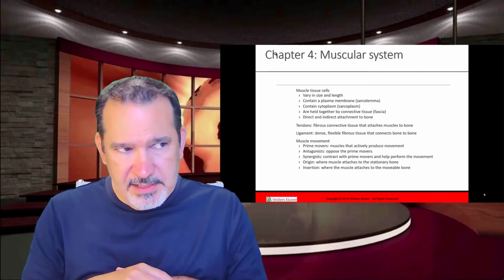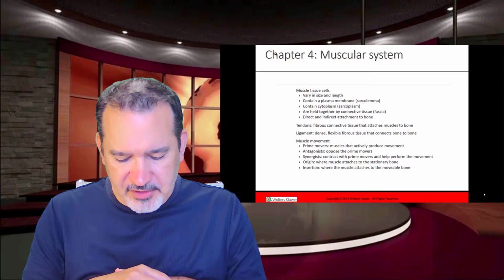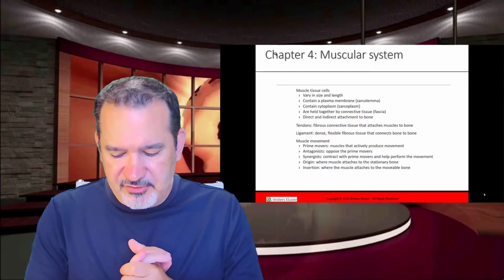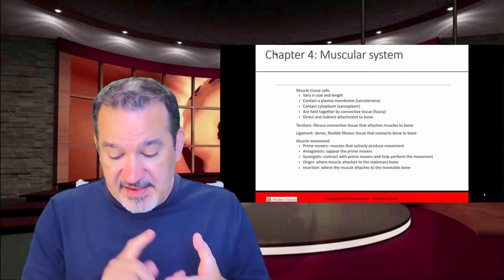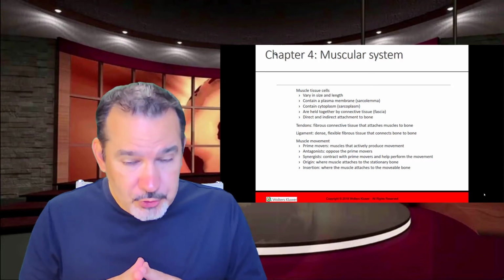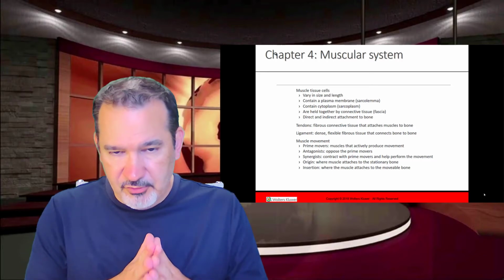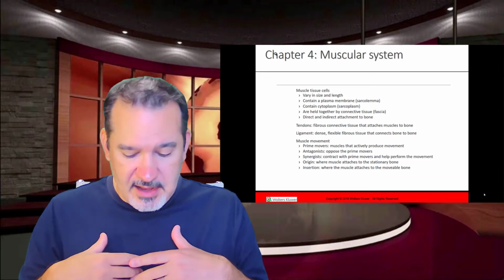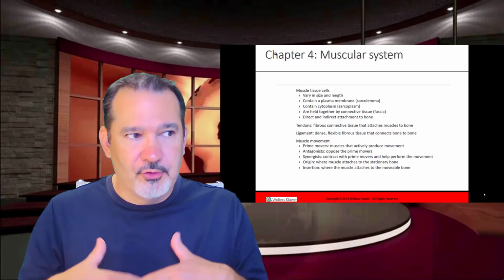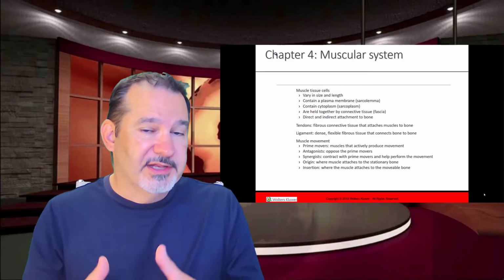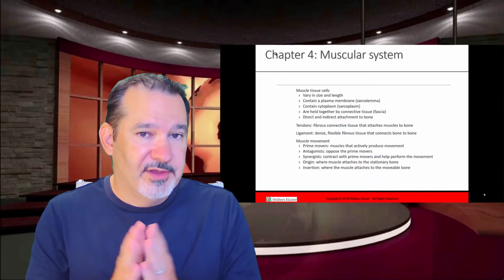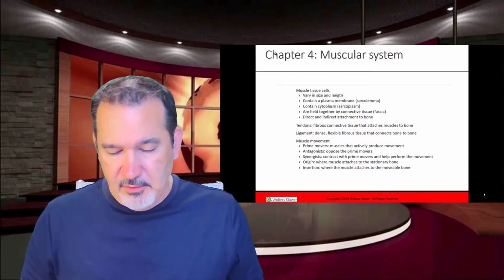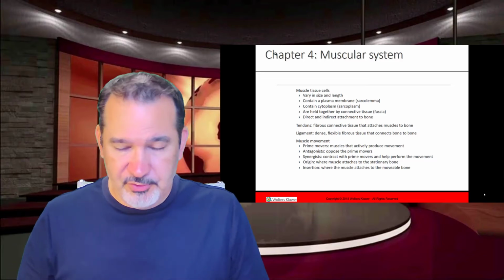One of the definitions in your textbook says tendons are fibrous connective tissue that attach muscles to bones. The tendons enable bones to move when the skeletal muscles contract. It also creates energy through the release of adenosine triphosphate, or ATP. When the ATP is released from cells, it produces energy.